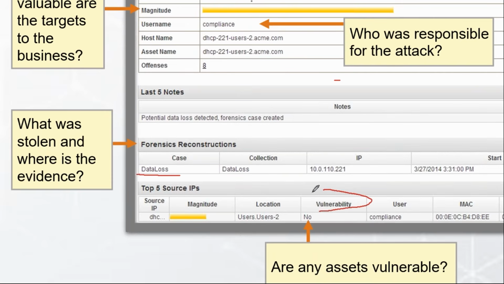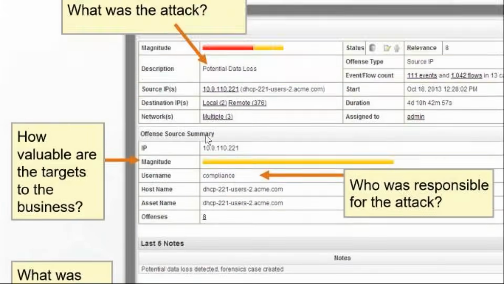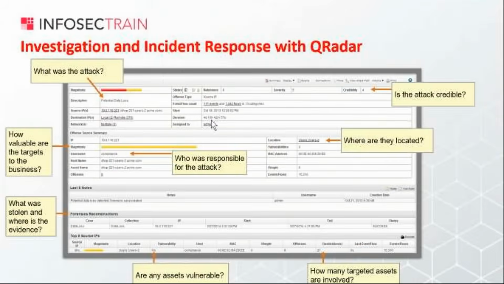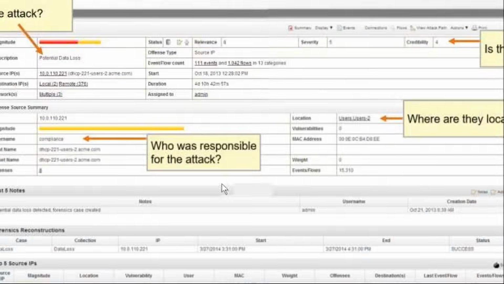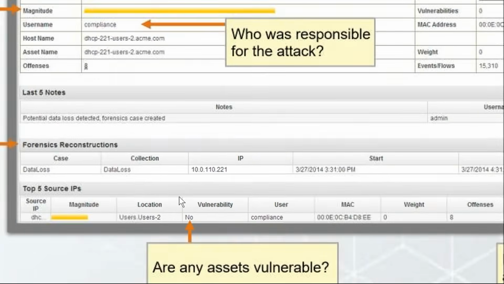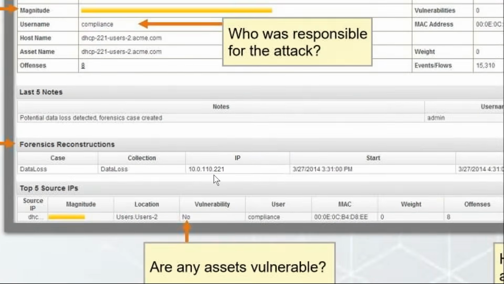Then the very next thing is vulnerability. Remember your previous slide, guys. If you do have a vulnerability server, a vulnerability scanner, you will be able to see whether the assets which were the target were vulnerable assets or not.